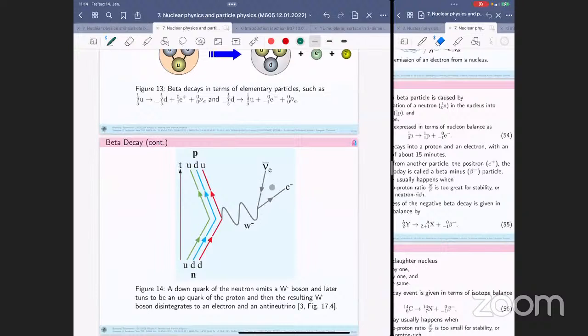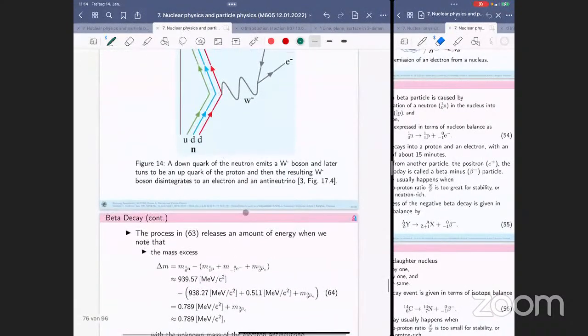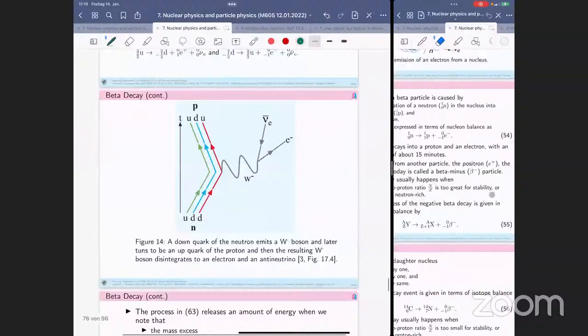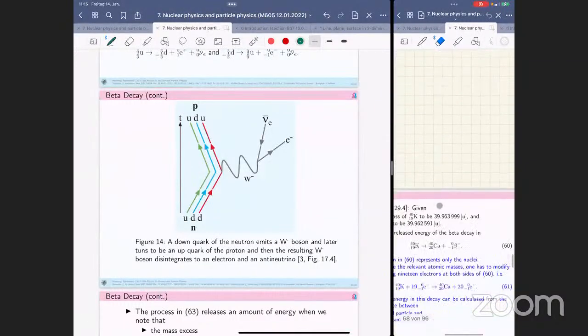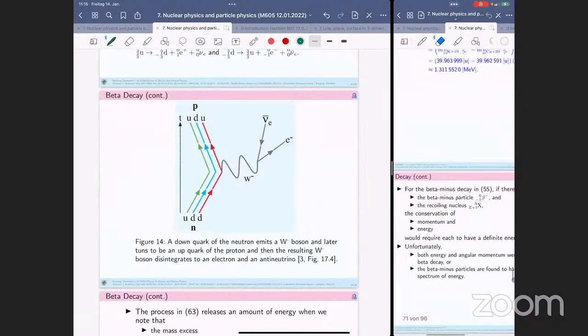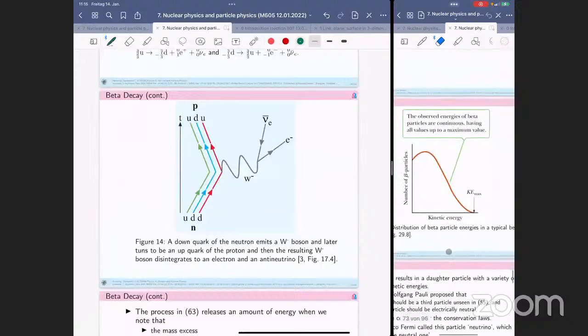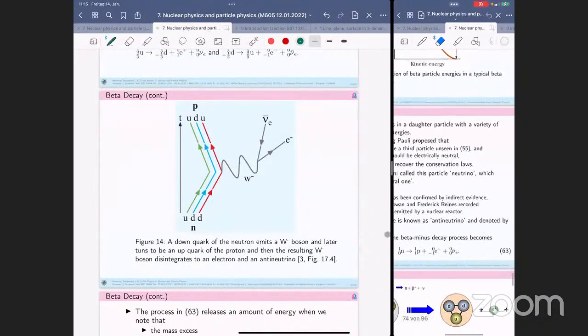But one more important thing is that we also have the electron anti-neutrino and electron. The process in 6.3 releases energy. Where is that? 6.3 is this one, the full process of neutron to proton.